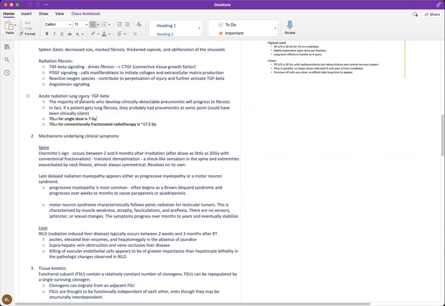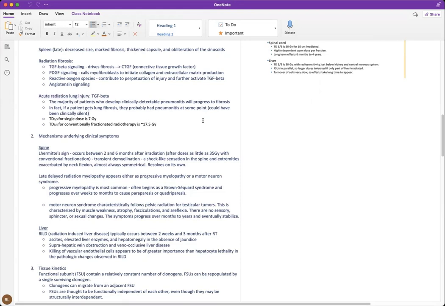Acute radiation injury. So TGF-beta again comes in. The majority of patients who have pneumonitis will progress to fibrosis. So I think this point was that how much acute injury you get sometimes correlates with what your late injury is going to be.